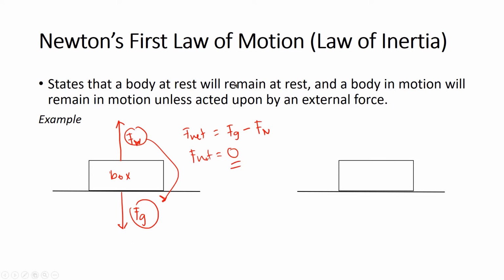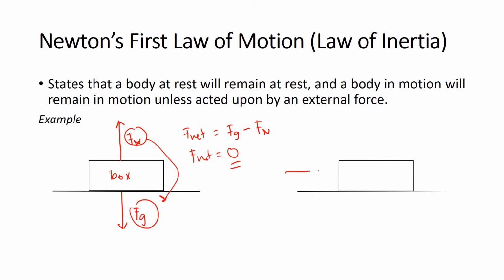That is why, according to the law of inertia, the body at rest will remain at rest unless it is acted upon by an external force. So in this case, the box will remain at rest unless acted upon by an external force.